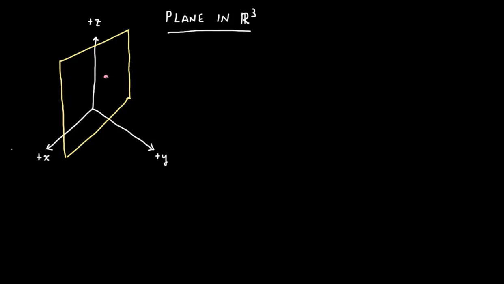So this point here is on the plane. Let's label that x naught, y naught, z naught, an ordered triple on the plane. And like before, we are also going to associate that point with the vector r naught, which points from the origin out to the point, and we're going to call that r vector naught.